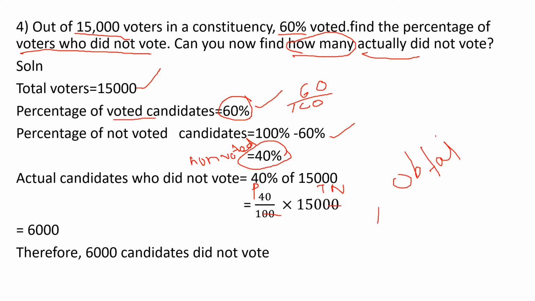You can leave the zeros and do the calculation. 15 into 4. 4 5s are 20. 4 1s are 4 plus 2, 6, right? Then here 1 zero and here 1 zero. Just add those zeros. You are getting 6,000. So how many people did not vote, children? 6,000 candidates did not vote.